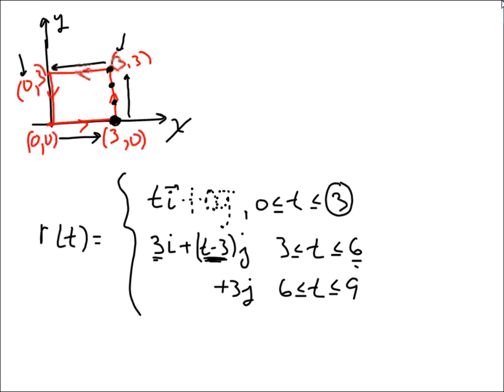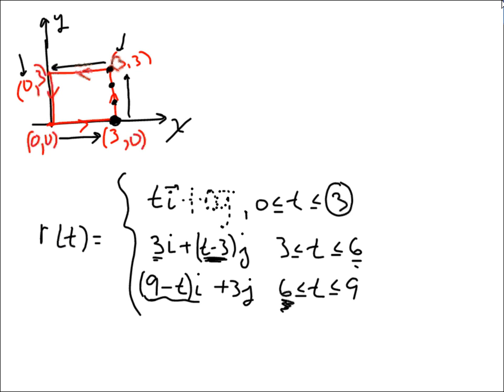Now, since it's decreasing, when t is 6, you want this to equal 3. When t is 7, you want it to equal 2. You want it to be decreasing. So what you're going to do is say 9 minus t in the i direction.